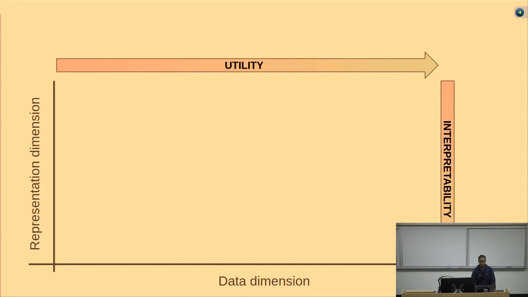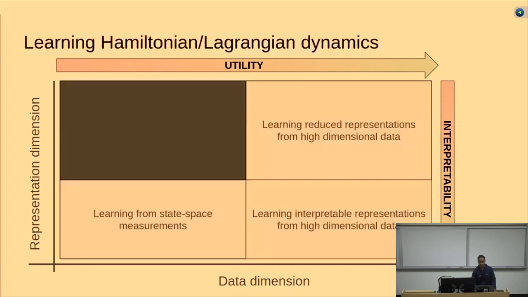The lower the representation dimension produced by the model, the more interpretable that representation is. And the higher the data dimension, we can maybe say that the model itself is offering greater utility, because understanding what's happening when the data is in high dimension presents a lot of challenges.